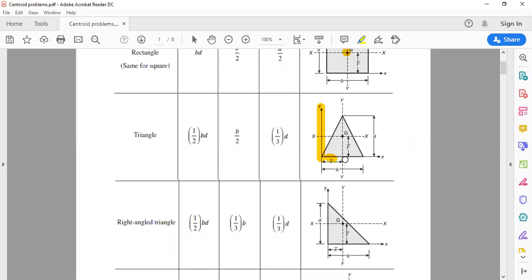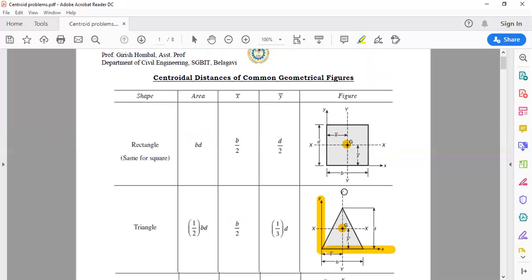Now the centroid of this triangle lies at this point. Now we need to calculate the centroidal distance for a triangle. The area, we know, is half into base into height, that is d.